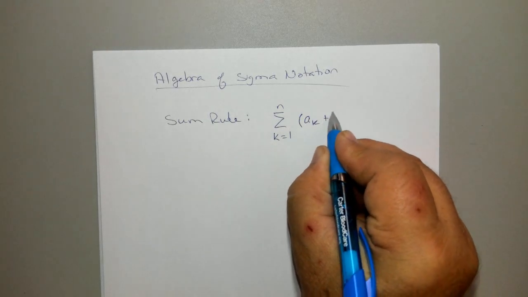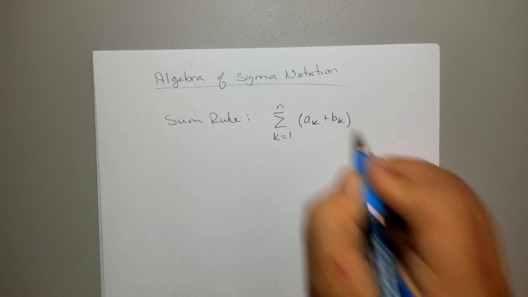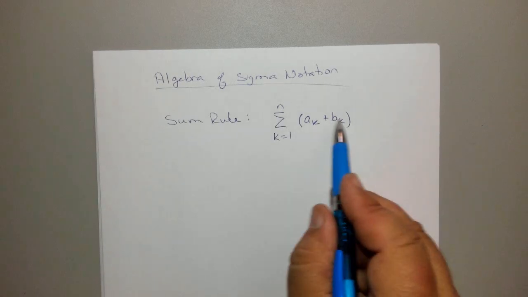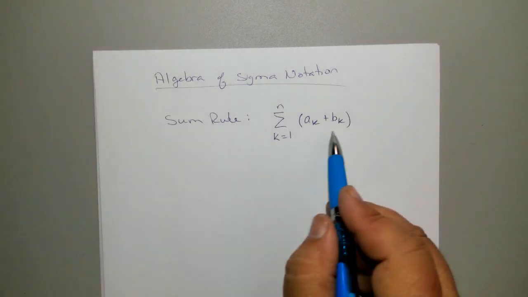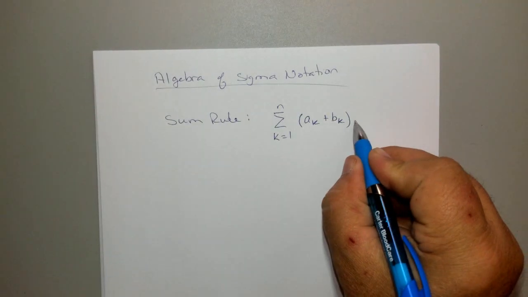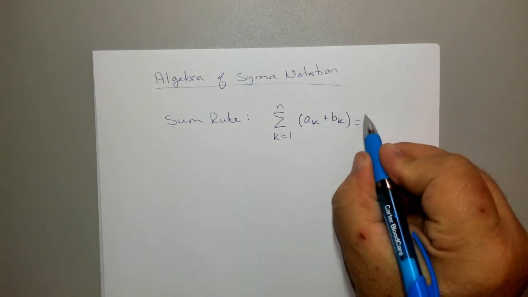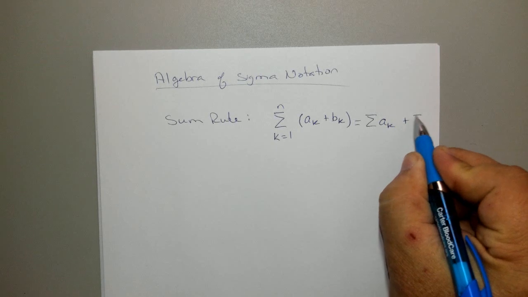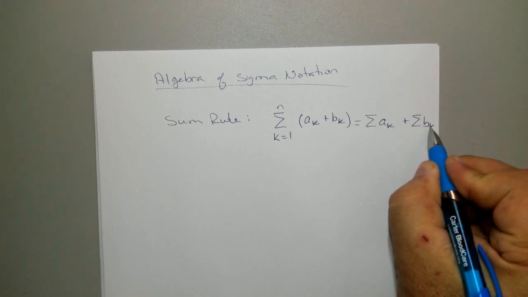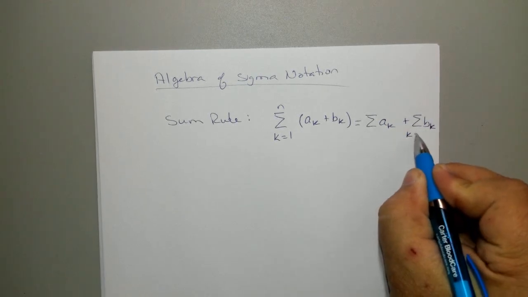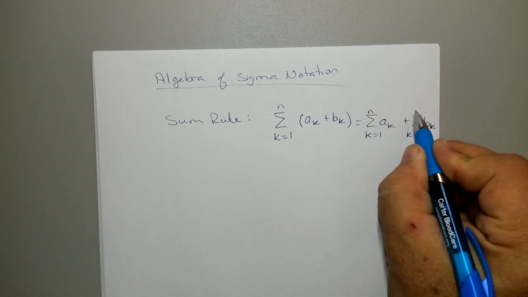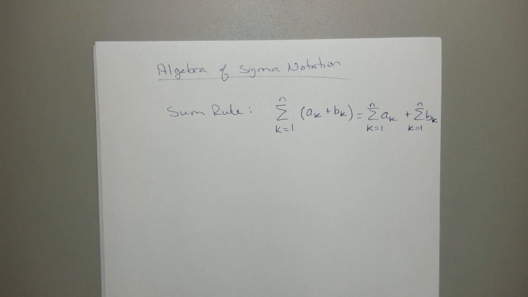A sub k plus b sub k. You have two data sets, same subscripts. Since they're added together, you can treat them both separately. Take the sum individually.